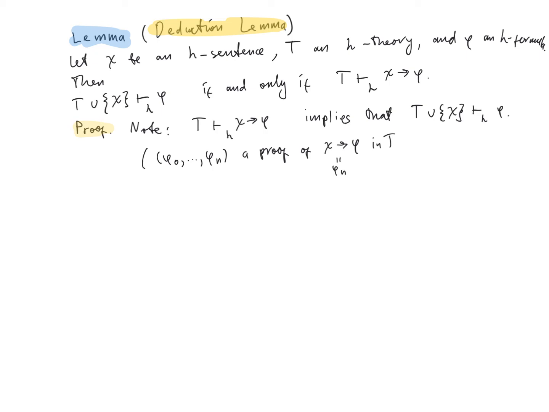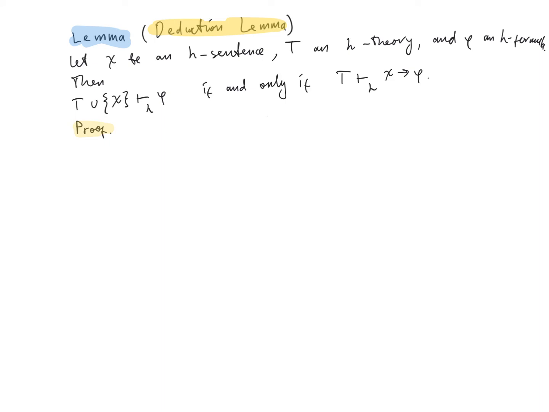And since we are working in the theory T together with chi, we can take phi n plus 1 to be the sentence chi, which is indeed one of the sentences of the theory. And so applying the modus ponens to phi n and phi n plus 1, we get the conclusion that T union chi proves phi. Now let us prove the converse implication from right to left.